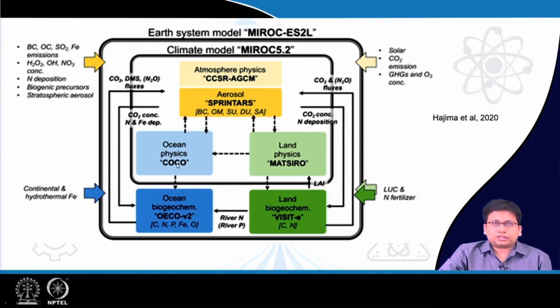For oceanic physics there is this COCO model, for land physics there is this MAD0 model. These arrows indicate that some outputs of these models are being provided as inputs to the ocean models, and similarly there is a bidirectional input output relation between the ocean model and the aerosol model, that is, the aerosol impacts the ocean and the ocean also impacts the aerosol, and so on and so forth.